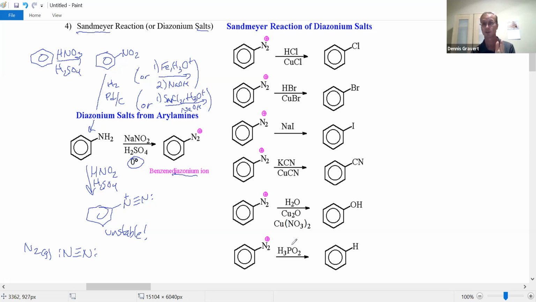You have to do them in order, because in the lab, this molecule is too unstable. Maybe I want to add a nitro group here, or do some other reaction before I pick one of these. It's like, no, you have no time. The molecule is too unstable. You have to make this and immediately react it.